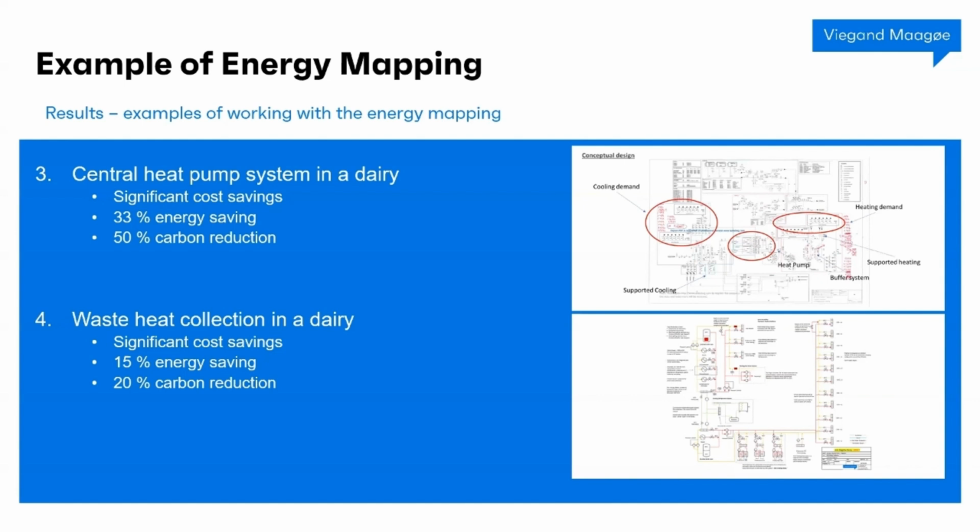This was based on steam. They had 8 bar steam before we started, and now we could see that a large percent of the demand was below 90 degrees, so we could easily cover this by a 90-degree hot water system that could be made by a heat pump, both covering cooling demand and this low temperature heating demand. And then the last example is also again where we could match. We have the different processes.